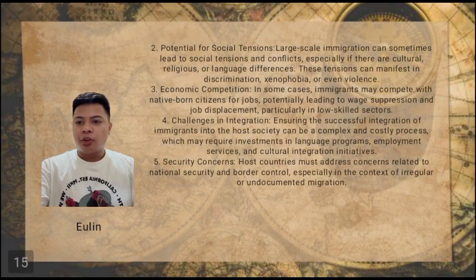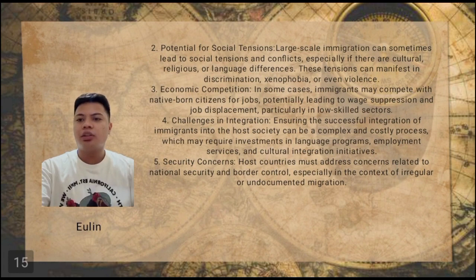Number two, potential for social tension. Large-scale immigration can sometimes lead to social tensions and conflicts, especially if there are cultural, religious, or language differences. These tensions can manifest in discrimination, xenophobia, or even violence.